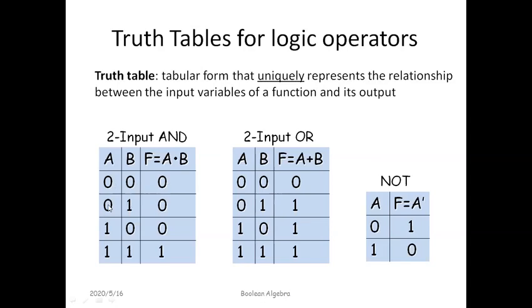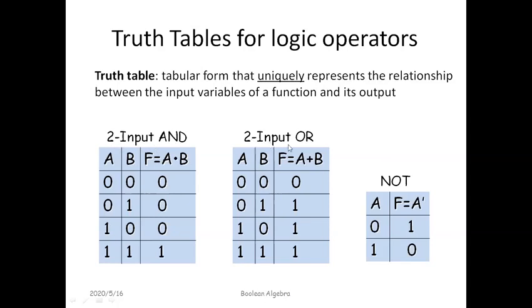And when one switch is open and the second switch is closed, still we won't see anything. If the first switch is closed and the second is left open, we won't see anything. But when both switches are closed, that's when we'll see an output.